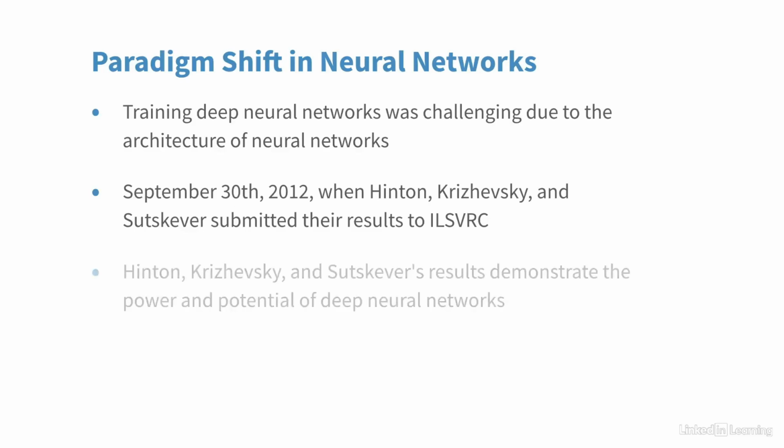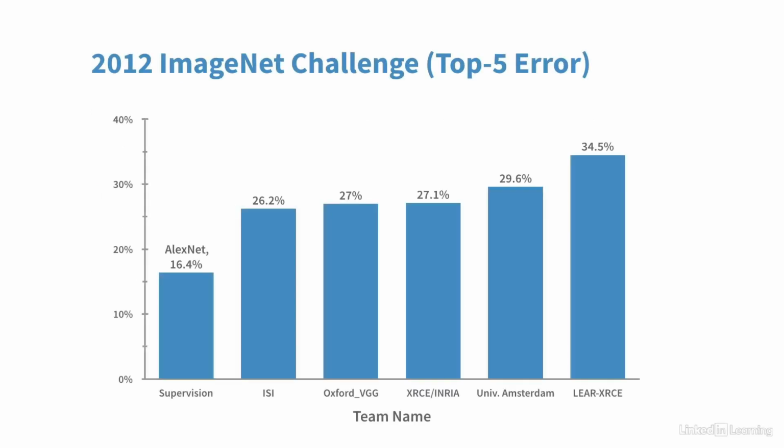This was the day Geoffrey Hinton and two students of his, Alex Krizhevsky and Ilya Sutskever, submitted their results to the ImageNet Large-Scale Visual Recognition Challenge. Their model, which has come to be known as AlexNet, obliterated the competition. AlexNet became the first submission to the competition to achieve an error rate below 25%.